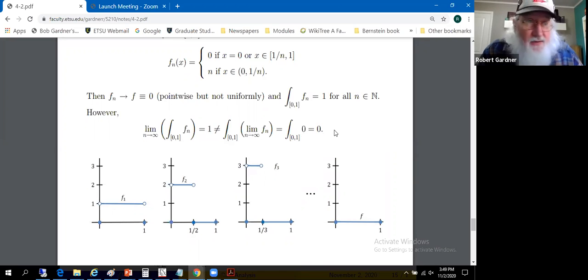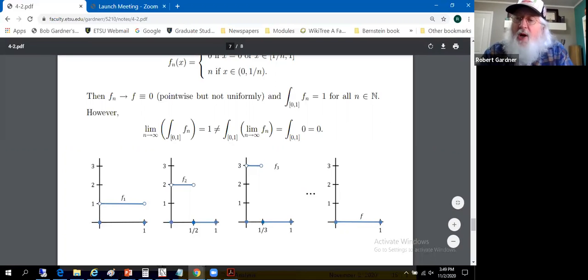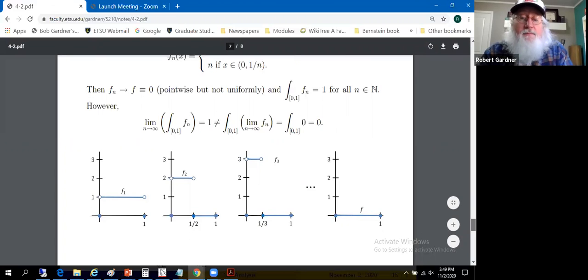We could easily do this in the Riemann setting as well. All these functions are Riemann integrable. We've just got a couple of points of discontinuity. And the integral of the limit is not the limit of the integrals. The limit of the integrals is 1, and the integral of the limit's 0, and 1 and 0 are different. So you can't always take limits in and out of integrals, Riemann or Lebesgue.